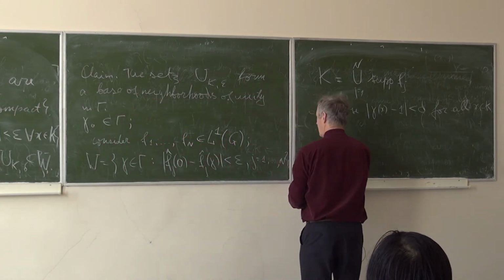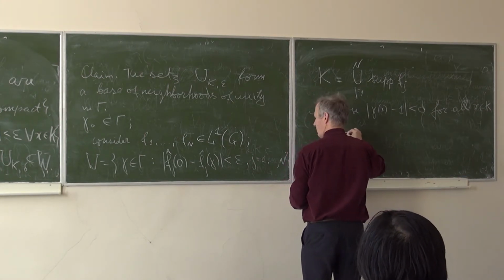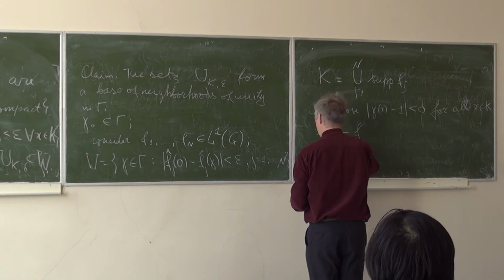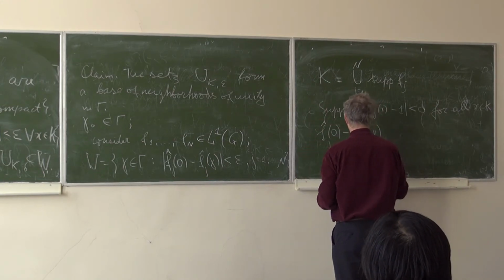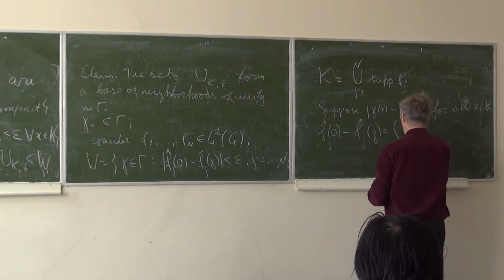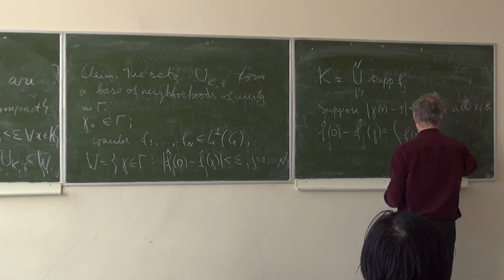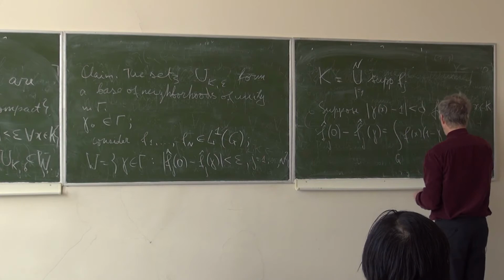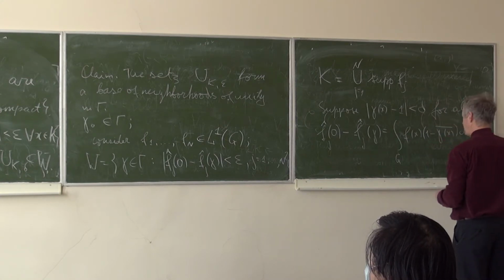So f hat of 0 minus fj hat of gamma. What is that? This is the integral over G of f of x times 1 minus gamma of x bar dx.